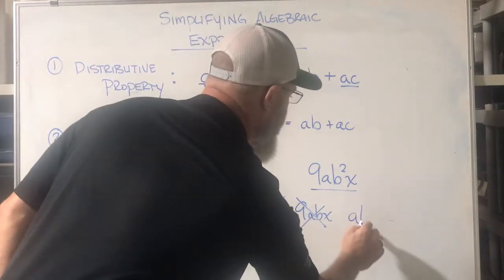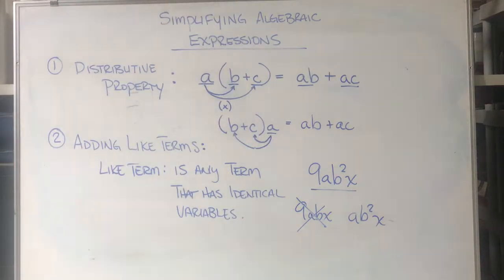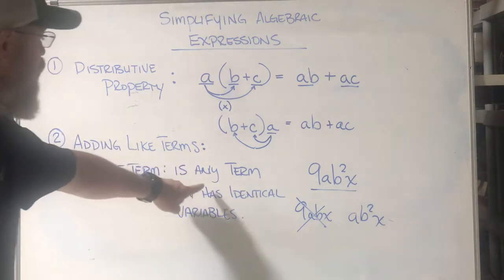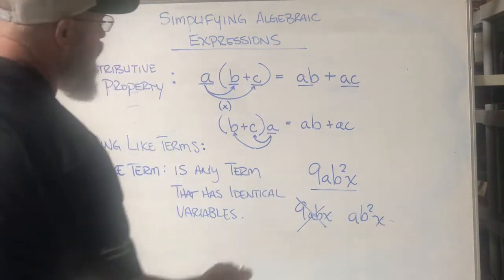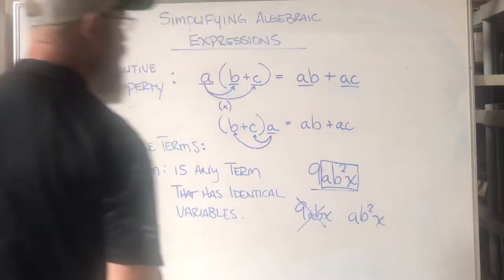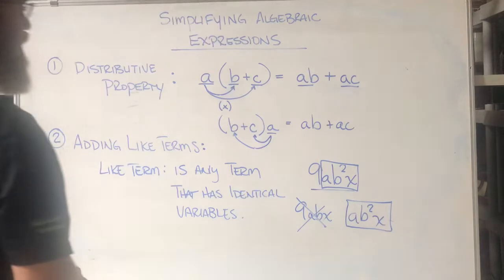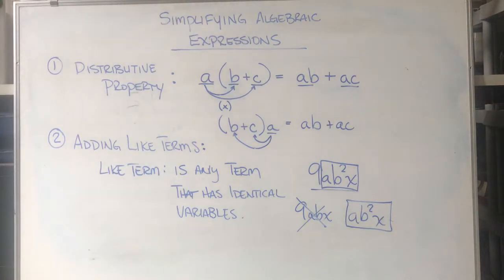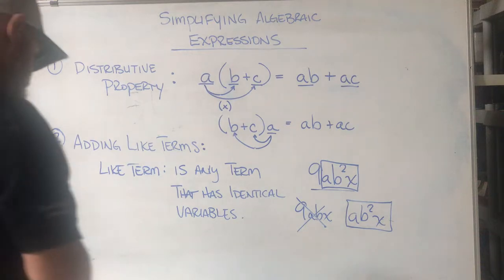Is ab squared x a like term? Yes, it is, right? Because like terms have identical variables. So the variable part here, ab squared x, is identical to ab squared x. That is a like term, okay?